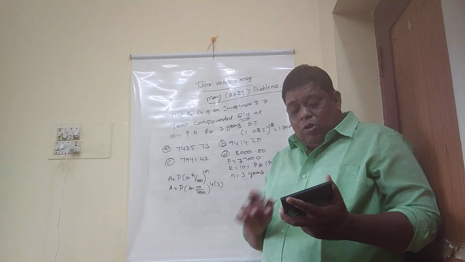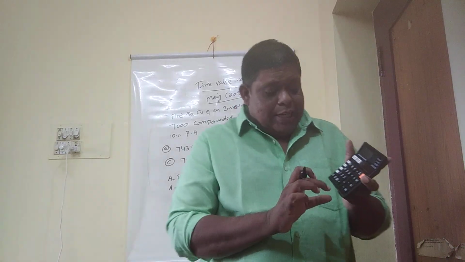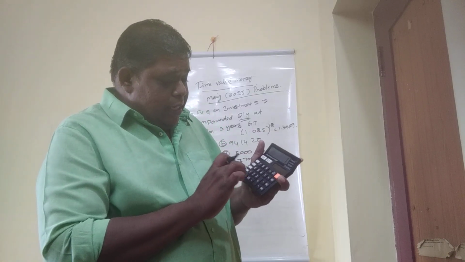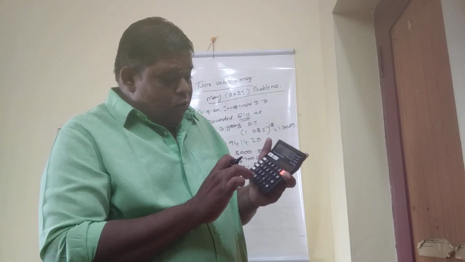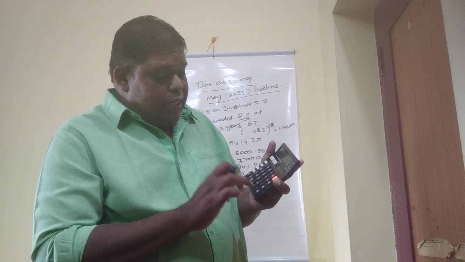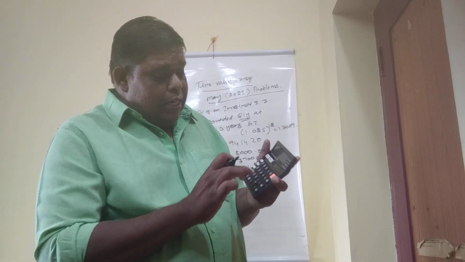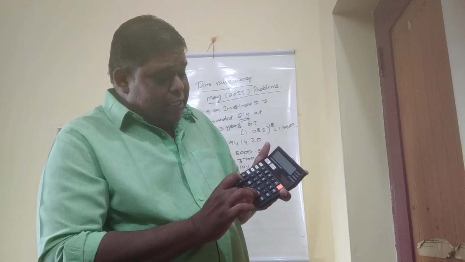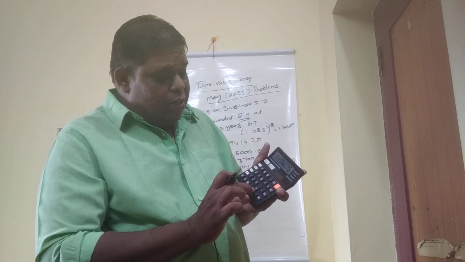So 10 divided by 400 equals 0.025, plus 1 equals 1.025, into, equal is second time, second, third, 4, 5, 6, 7, 8, 9, 10, 11, 12.